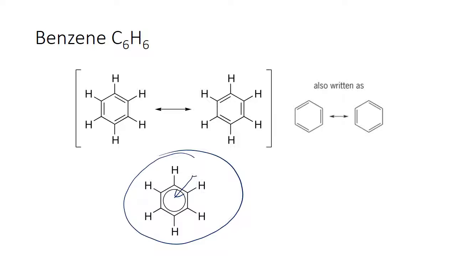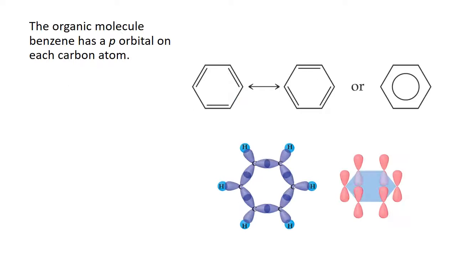Critical for its reactivity, which you'll learn about later. Okay, so the organic molecule benzene has a p orbital on each of the carbon atoms, kind of poking up. Okay, and it means that the electrons can jump and delocalize around and below as well, below the structure.